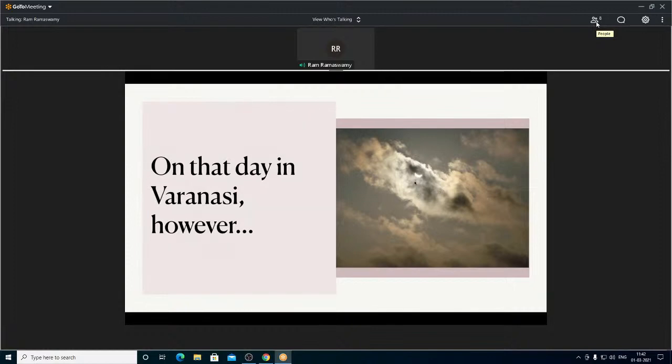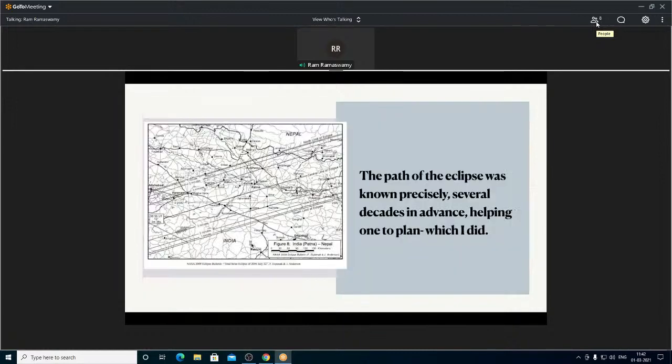I could see that there was an eclipse going on, as the moon was covering the sun, and the clouds were covering the moon, covering the sun, and so on. But at the last minute, a gust of wind blew all of it out, and I was able to see the eclipse.